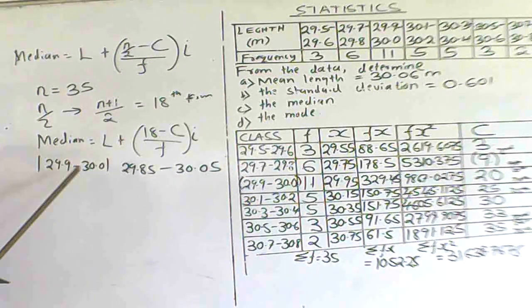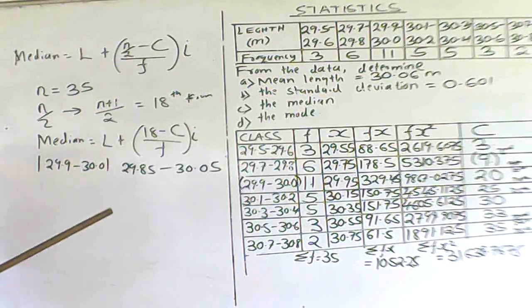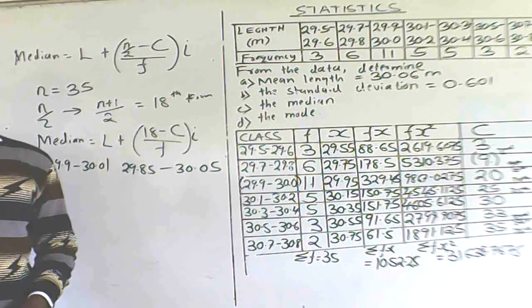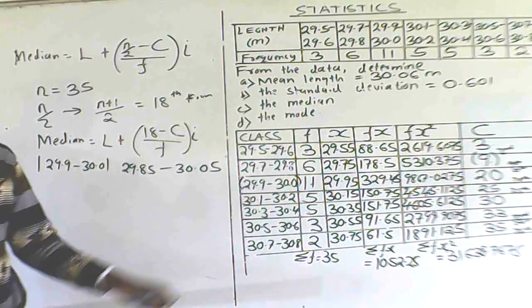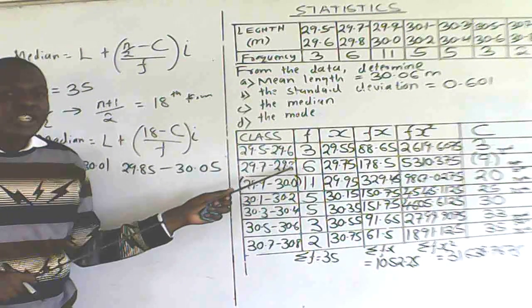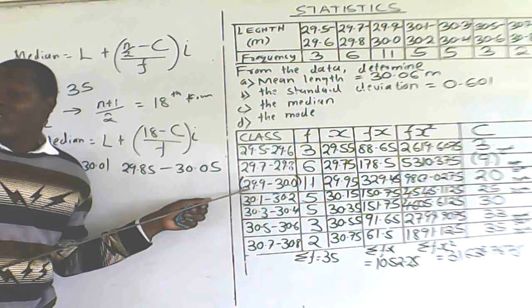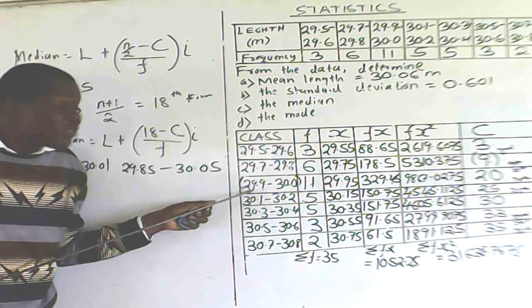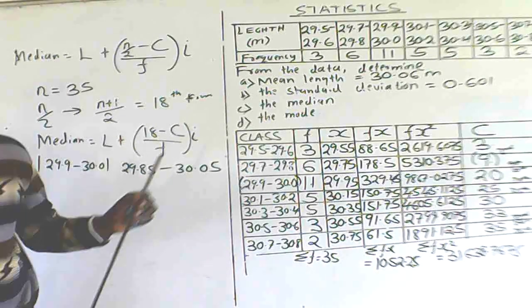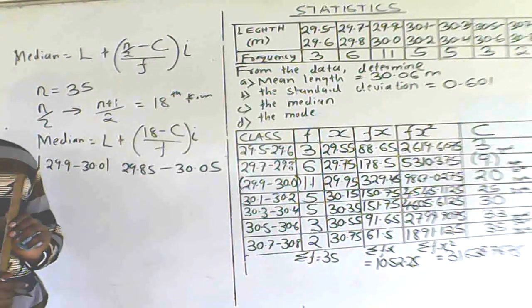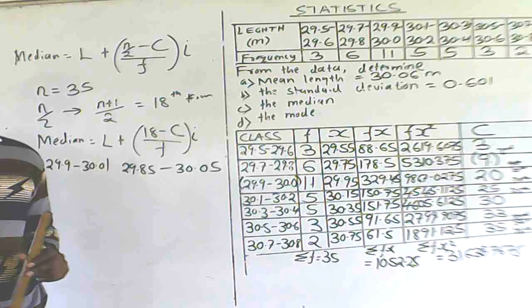So are you seeing how to get the class limits? You must first know the class and write the class. There's a time when the class boundaries are the same as the class limits: if this class ended at 29.8 and the next started at 29.8, then 29.8 plus 29.8 divided by 2 still gives 29.8.